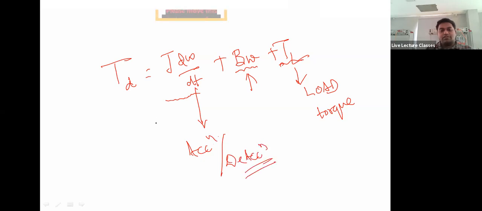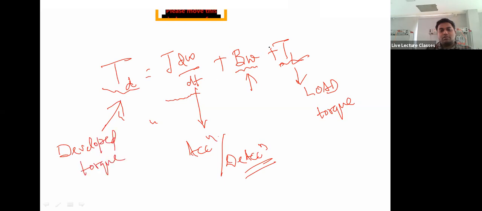Got it? So TD is the developed torque and TL is the load torque. So do you get the physical meaning of the equation?